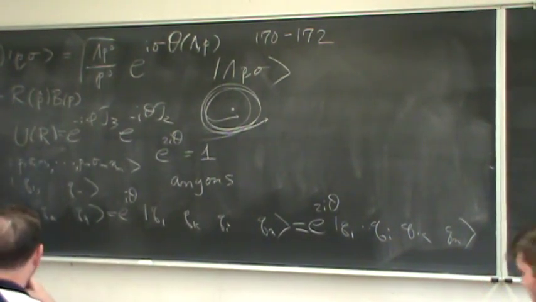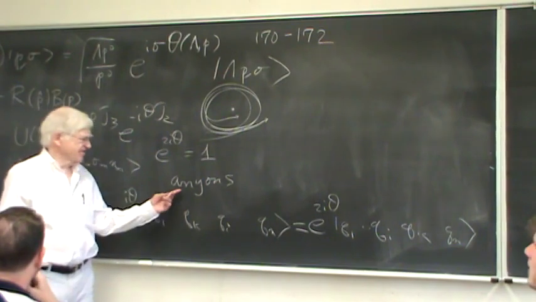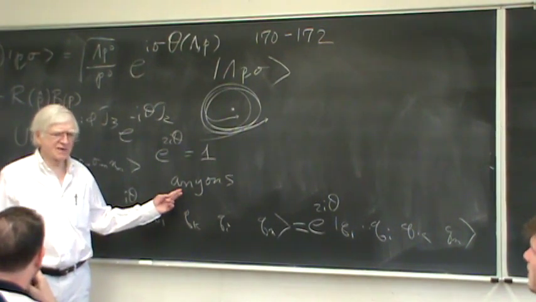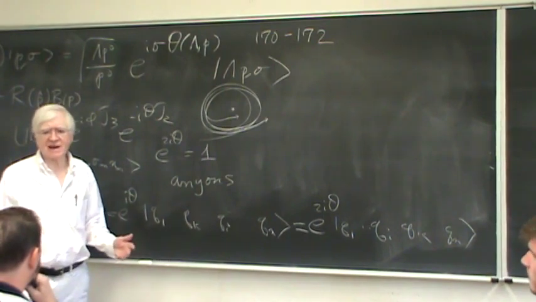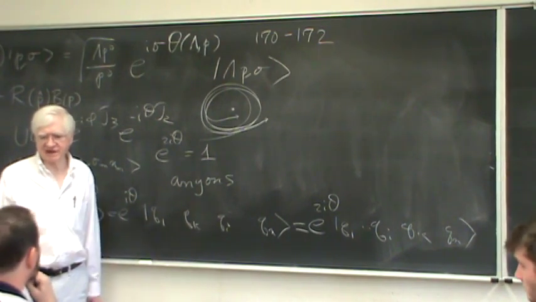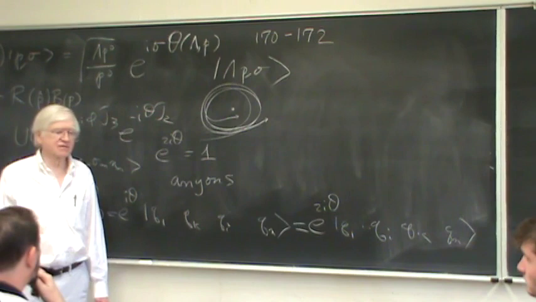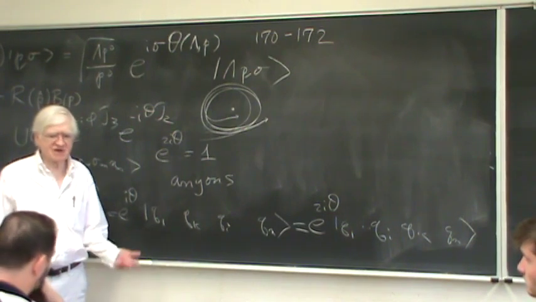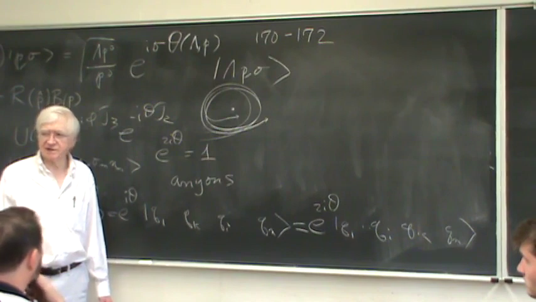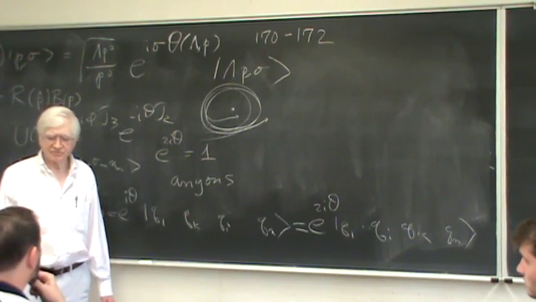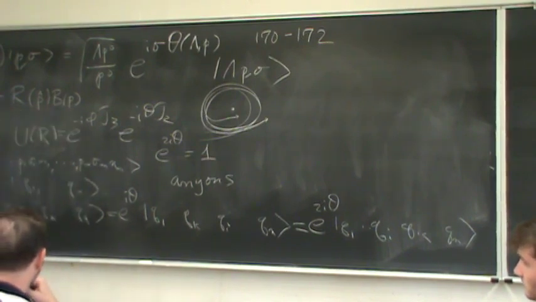I imagine that you still get this. I think you need a two-dimensional space, but I'm not sure. It's a mathematical argument that I haven't looked at recently. You can Google anyons, the PRL of Wilczek 20 years ago or something like that.